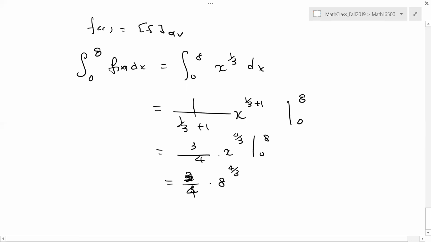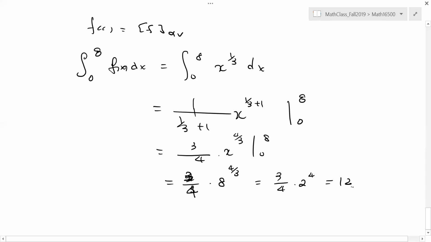Now you have to simplify. 8 to the 1/3 is 2. Okay, 3/4 and 2 to the 4th power, 2 squared and 4 cancel out. So the answer is 12.